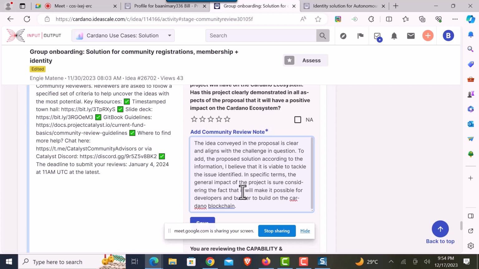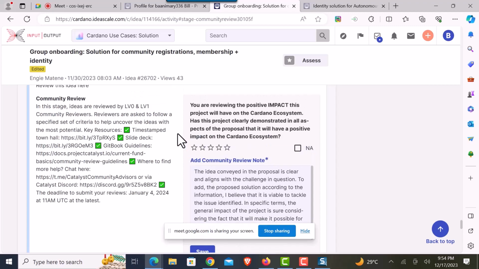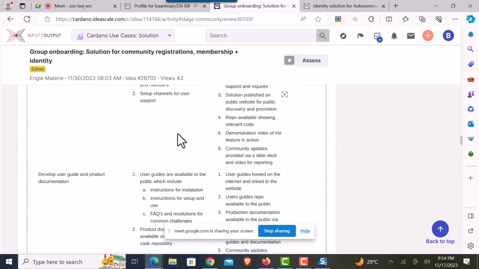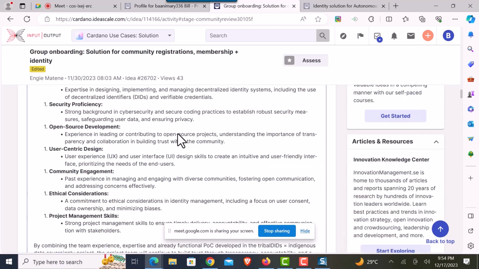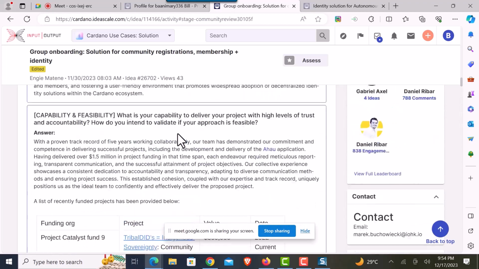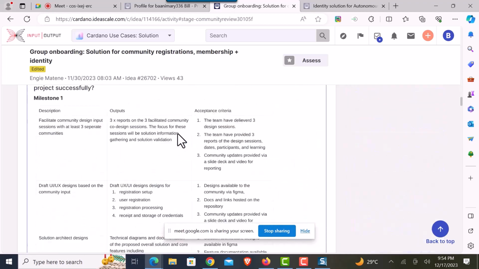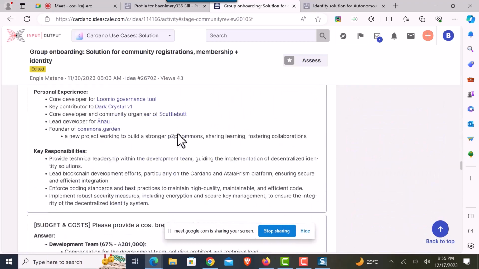Yes, or you can add, hence promoting community integration. That's what I actually wanted to see.